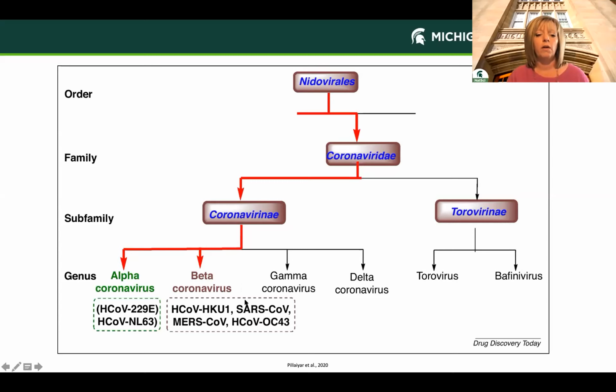The beta coronaviruses include the two SARS coronaviruses, as well as the Middle Eastern Respiratory Syndrome virus that you may have heard about, a virus that causes really significant morbidity and mortality. So that's a basic overview of how it's named and how it fits into some of these classifications.